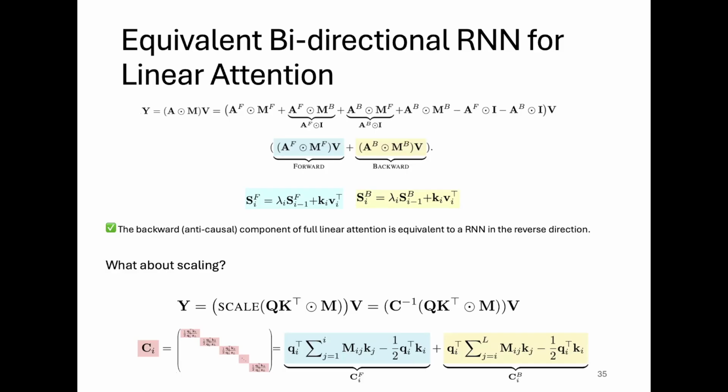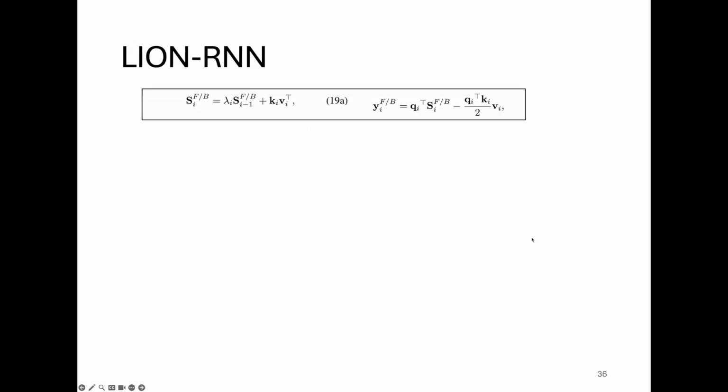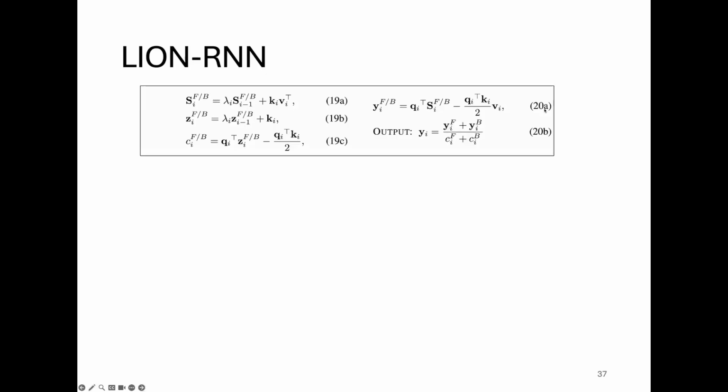Having said all of this, without scaling, full linear attention is equivalent to this RNN, which is in both directions, these bidirectional RNNs. As you can see, the recurrence is the same as linear transformers, just corrected with a double counting factor for the case of bidirectional form. And if we incorporate scaling, similarly, we will end up with two recurrences.